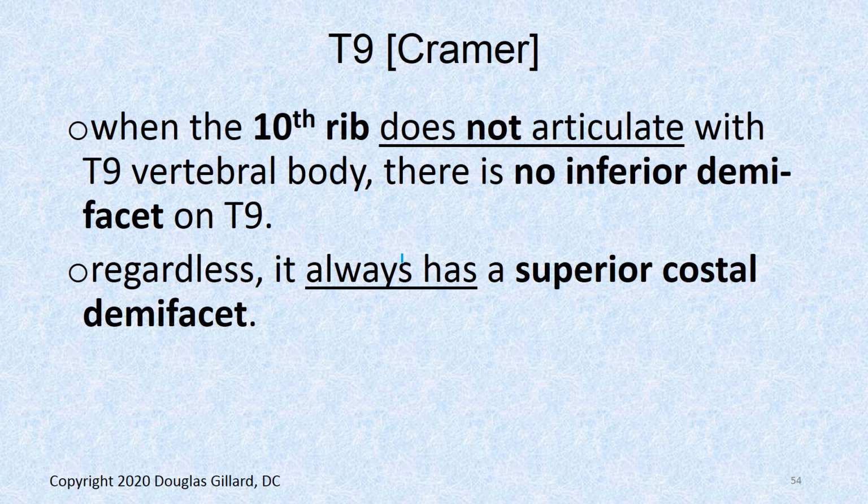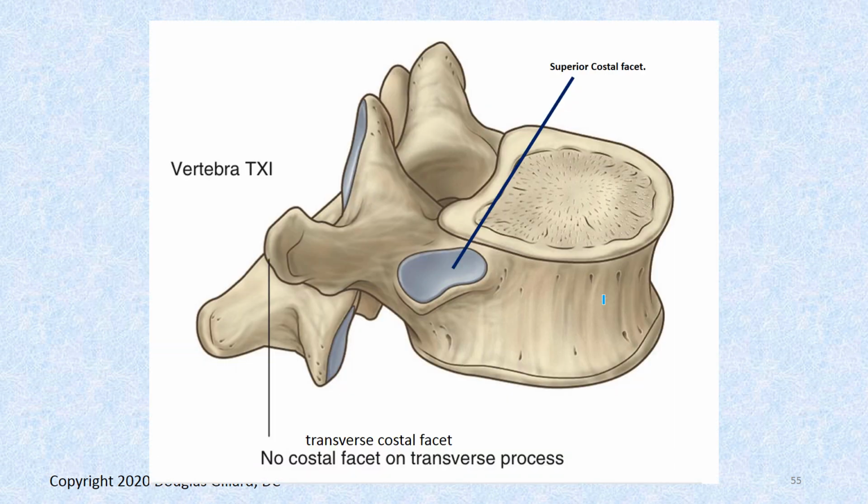But if the T10 rib does have double articular pads on it, then it will have an inferior costal demi-facet. So it all depends on the development of the rib. But nevertheless, that's the end of the weirdness right there, because it always has a superior costal demi-facet. Right? So that's where we go back into the normal. You good with that?